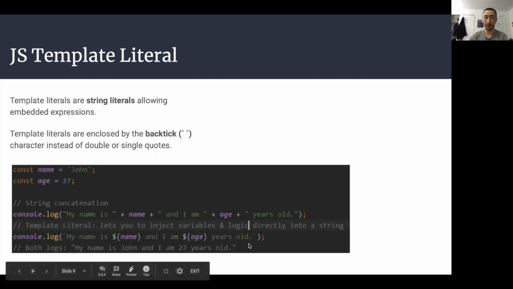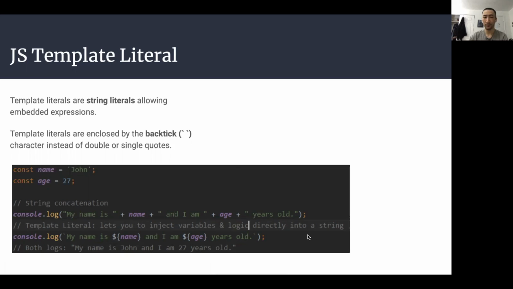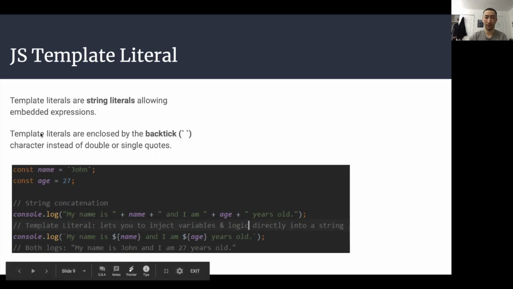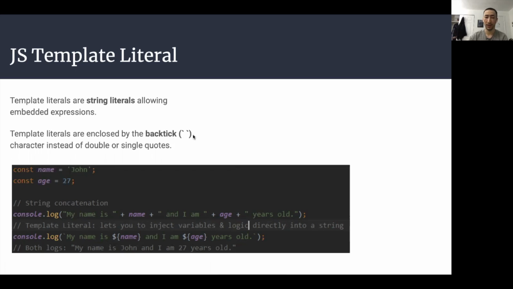If you look at the example we have over here, both of them return the same output, but as you can see, the second one is much more readable and it is less code. So you should try to use template literals with backticks when you output variables with console log.